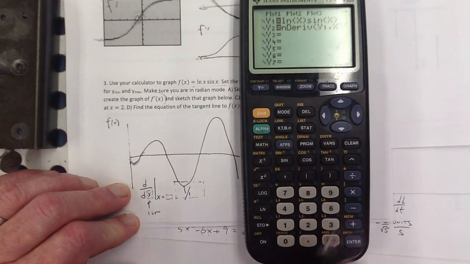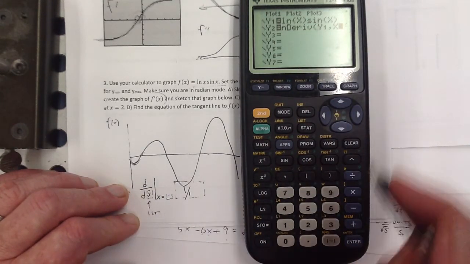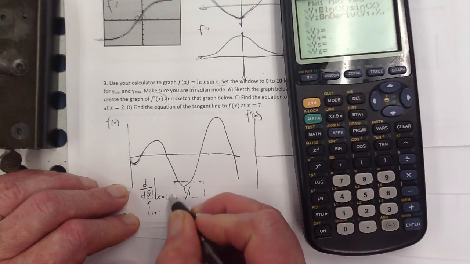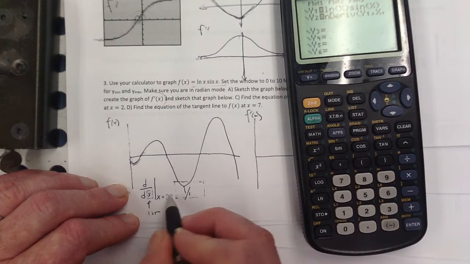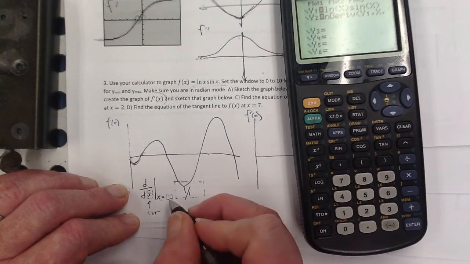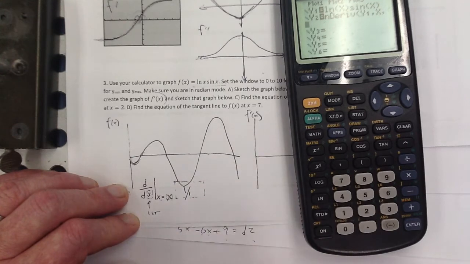That's the first one for TI-83 users. And then at x equals, well, here's the thing. I don't want it to take the derivative at some particular value like 1 or 2 or whatever. I want it to take the derivative everywhere and then graph all of them. So I'm going to put another x here.